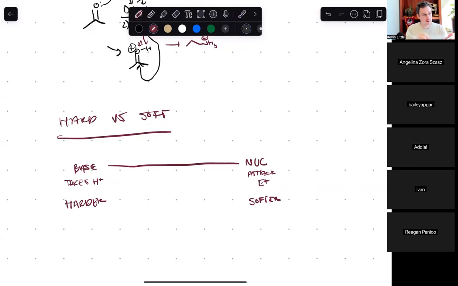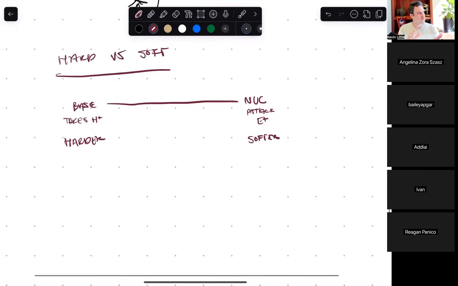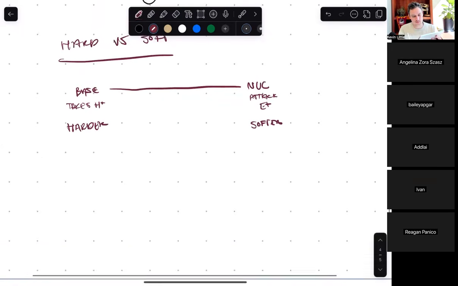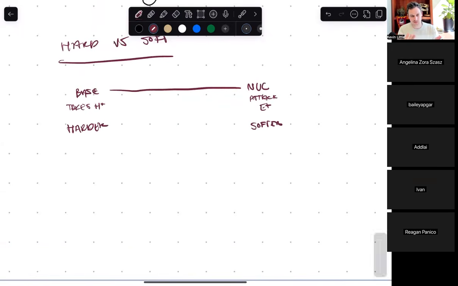The reason we use soft versus hard is because it's a convenient way to see a trend that we've noticed. If charge is spread out, I think we could agree that this is going to be an electron donor of some kind, right? But when compared to something like this, notice that there's resonance that spreads this charge out over multiple atoms.